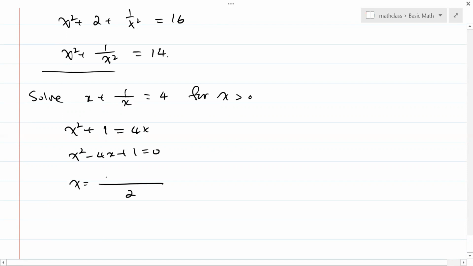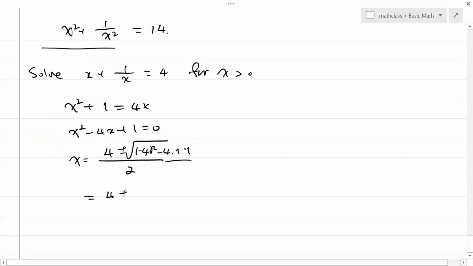It's negative b plus or minus the square root of b squared minus 4ac, over 2a. After simplifying, that is going to be the square root of 12, which is 2 square root of 3.